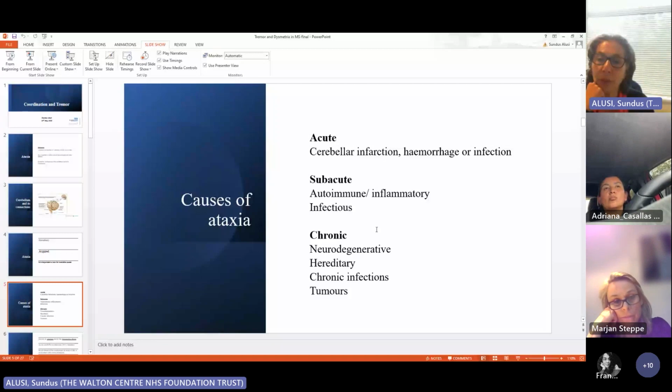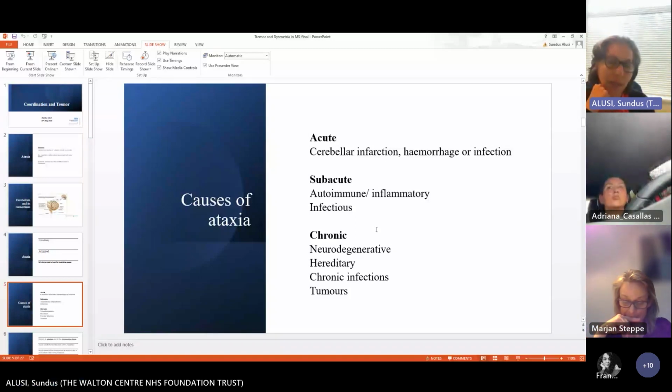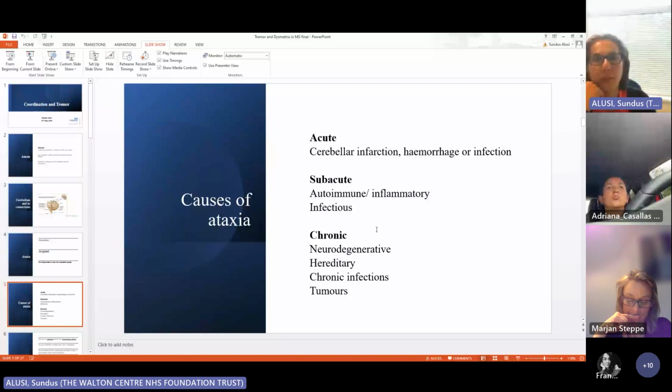And then if the patient presents with a very chronic condition or very chronic ataxia, you are then thinking, is this hereditary? If the patient has had ataxia since the age of 12, for example, you're going to look at things like Friedreich's ataxia, spinocerebellar ataxia, and things like that.